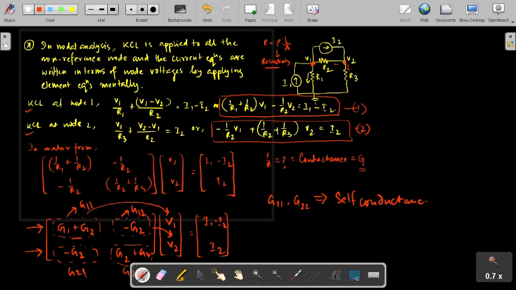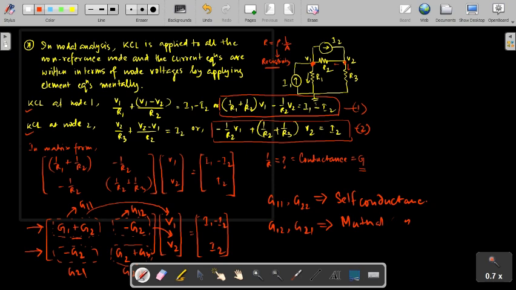This is the self conductance for node 1, and this is the self conductance for node 2. G12 or G21 are the mutual conductances. These are connected mutually between these two nodes.